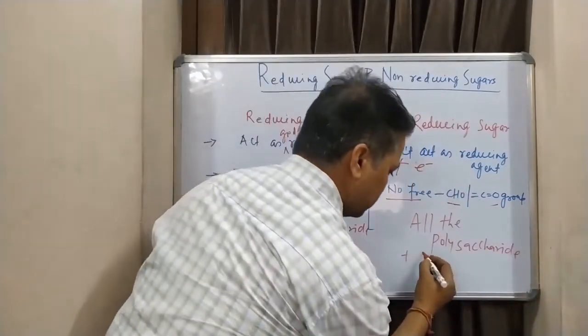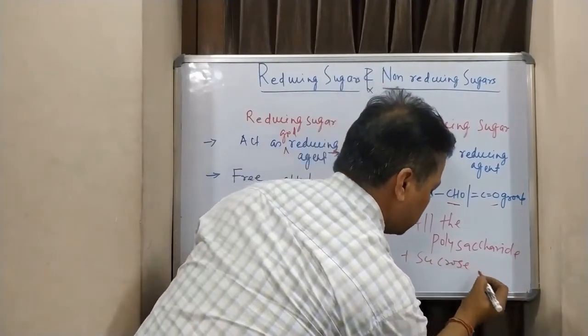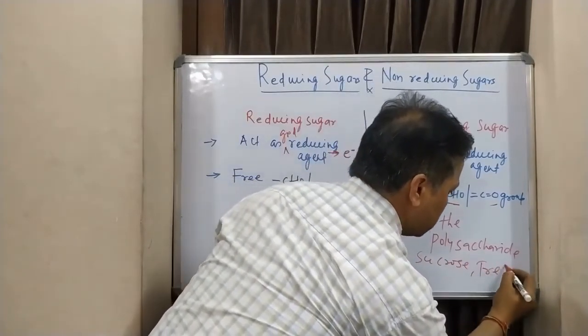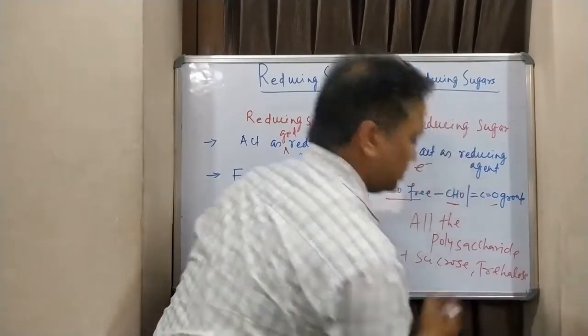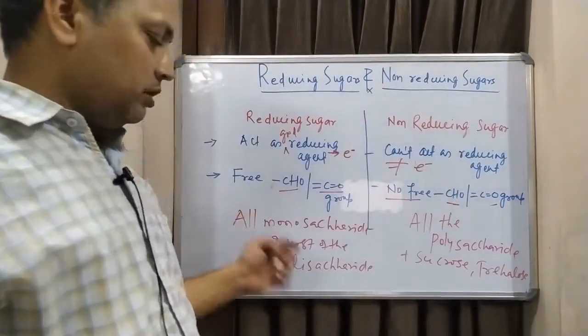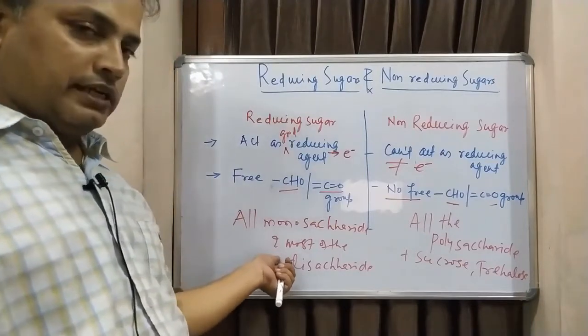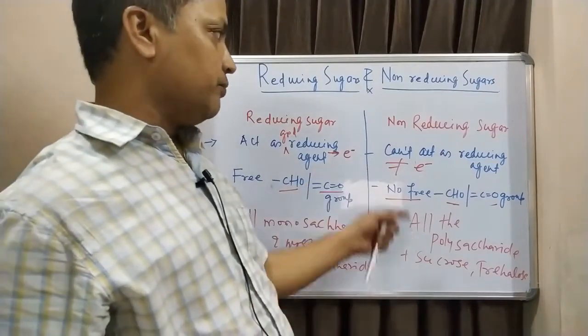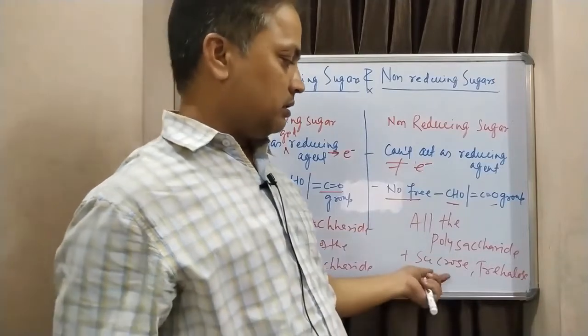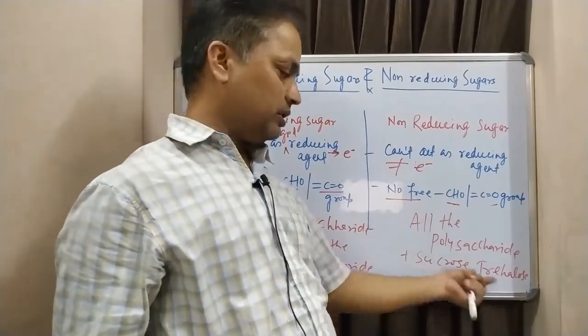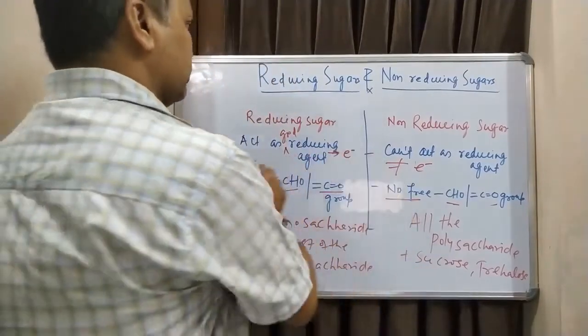Those disaccharides are sucrose and trehalose. So all the monosaccharides and disaccharides are reducing sugars except a few disaccharides, whereas all the polysaccharides and some of the disaccharides like sucrose and trehalose are non-reducing sugars.